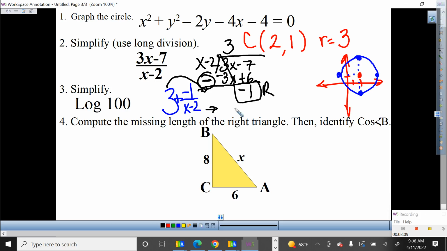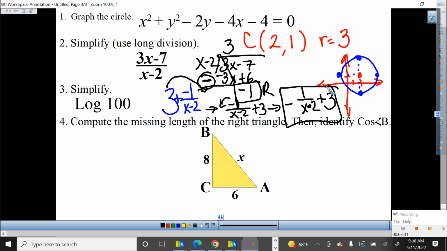So this is negative 1 over x minus 2 plus 3. But can we have a negative on the numerator? No, only a 1. So we bring the negative to the front. So this one is negative 1 over x minus 2, and at the end, the constant of 3. And that's how you simplify that.